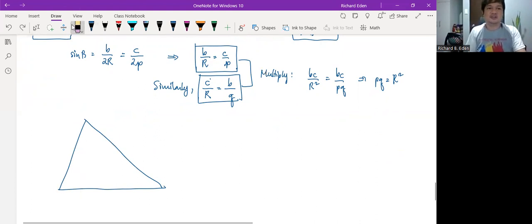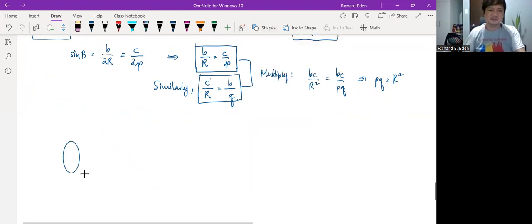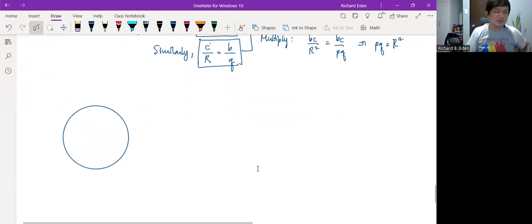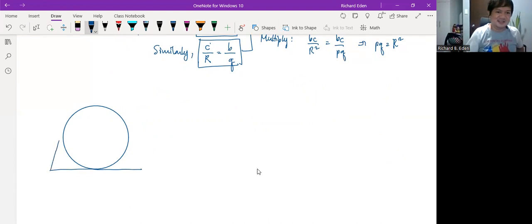Start with the circle. So, is it okay? Is it round enough? I think it looks a little absquatulous. Can it pass?